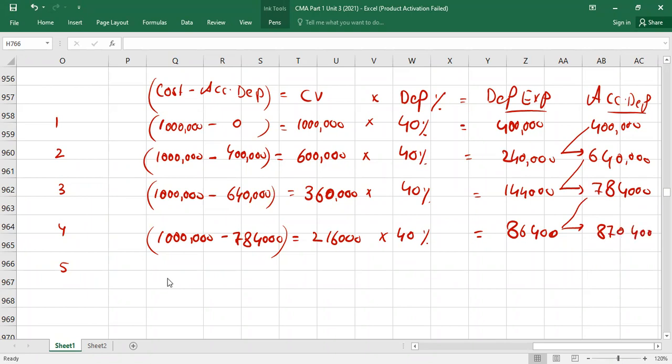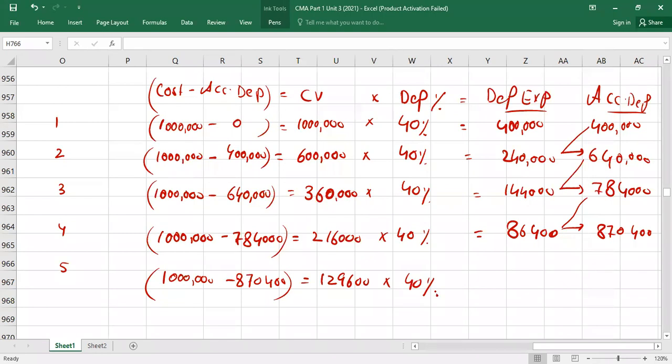Now next year again, cost is how much? 1 million. Cumulative depreciation is how much? 870,400. Okay, if I multiply by 40%, can you just apply?